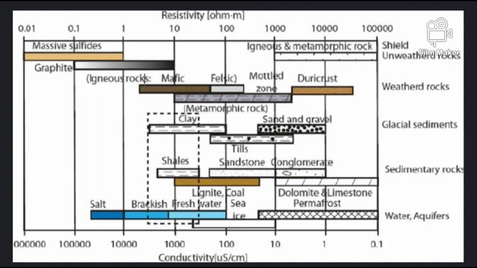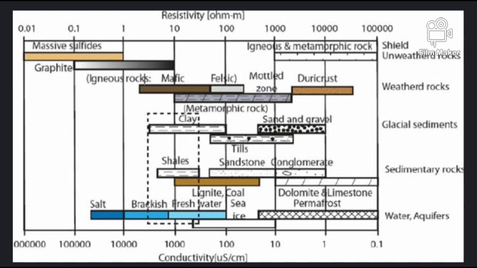Here look at this, we can see the different types of resistivity for different types of material. Rock has a high resistivity, and clay and graphite have lower, and salt has a low resistivity, so more current can flow.